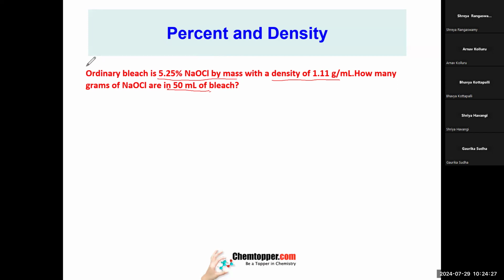So what should I assume the total mass of the bleach? Yes. Okay, 100 grams is the mass of the sample. So how many grams of NaOCl are there?